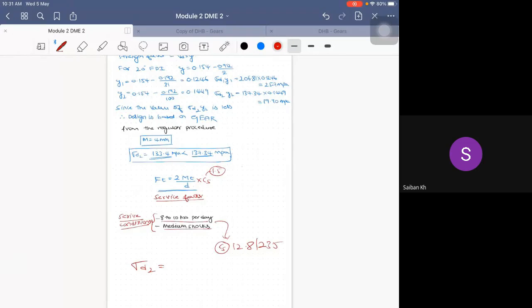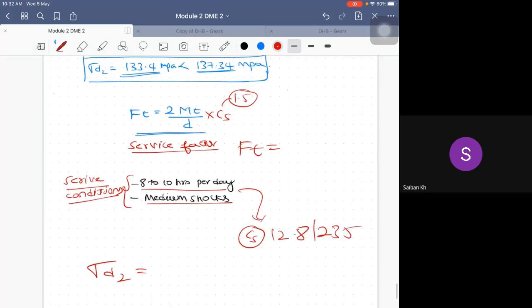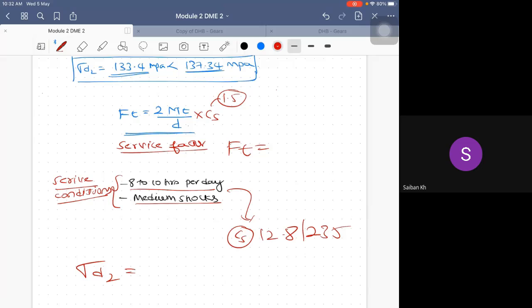4620.6, okay, FT value. Fine. So I would take that. From this FT value, FT is 4620.6. With this particular FT value, design stress is how much? 200.34? Is that correct, the applied stress?